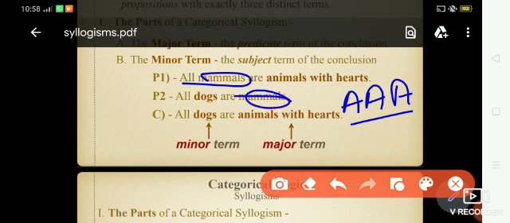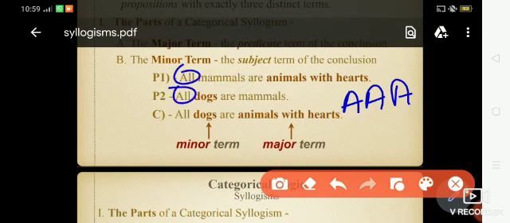So that's why the answer will be all dogs are animals with hearts. Always remember, if two premises are positive, then the conclusion must be positive. If two premises start from all, then the conclusion must start with all. I hope you all understood this.